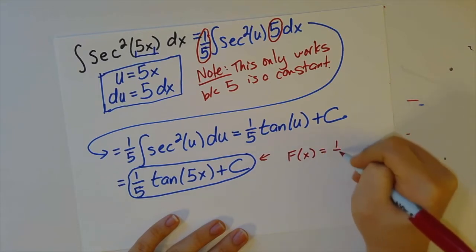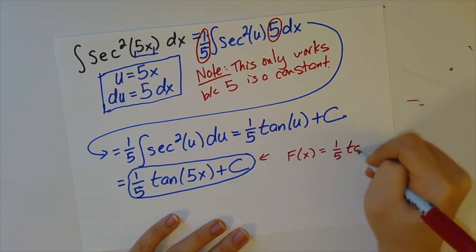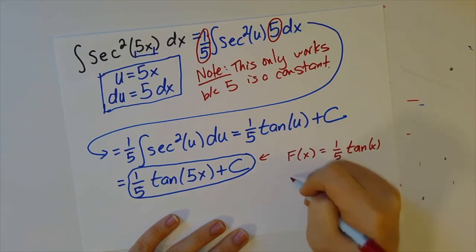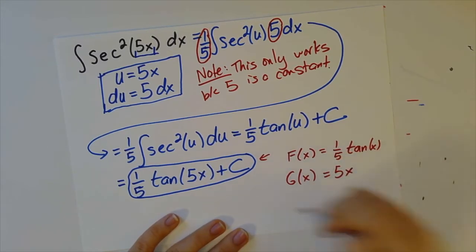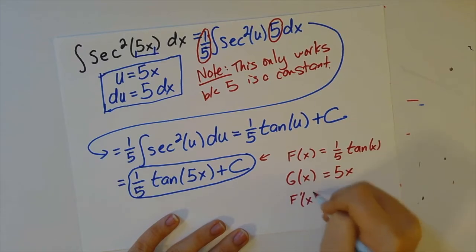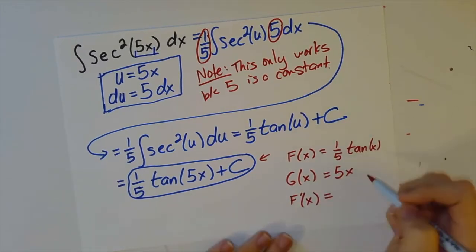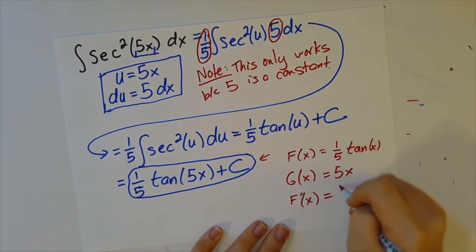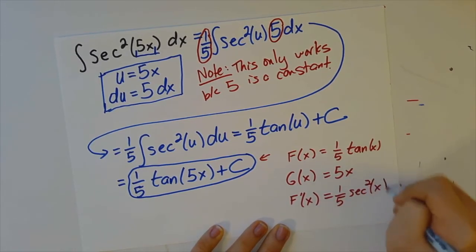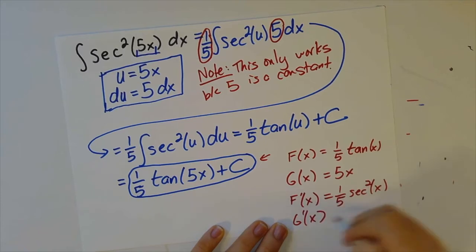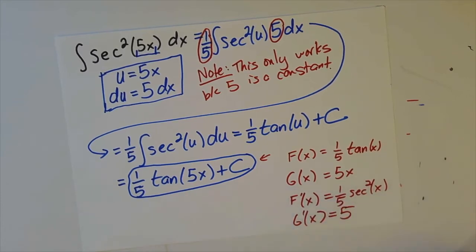The outside function is 1/5 times the tangent of x, and the inside function is 5x. So f prime of x will be 1/5 of secant squared of x, and g prime of x will just be 5.